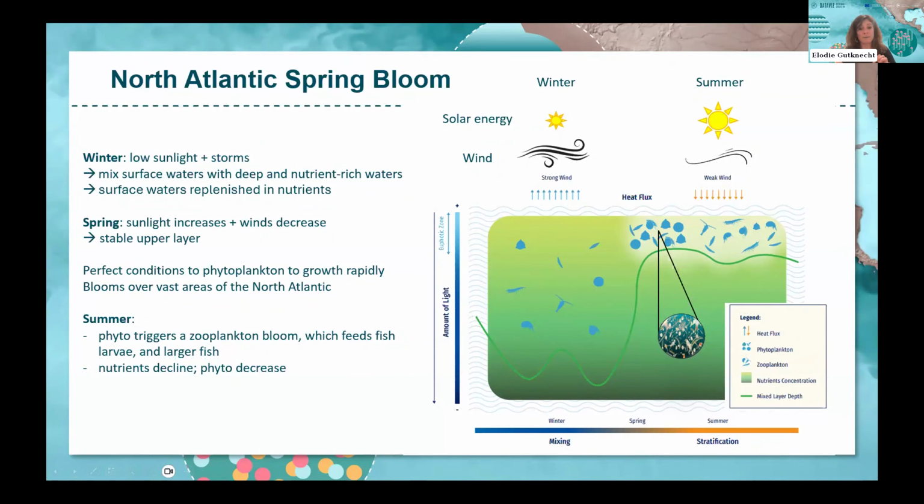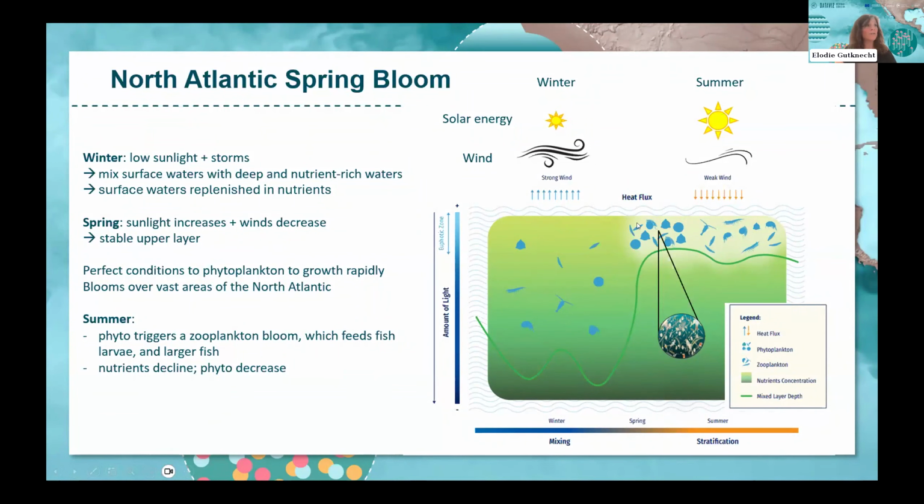So these are perfect conditions for phytoplankton to grow, because waters have been replenished in nutrients during the winter, solar energy is sufficient, and the water column is quite stable. So this generates a phytoplankton bloom really fast, in a few days, over vast areas of the Atlantic.